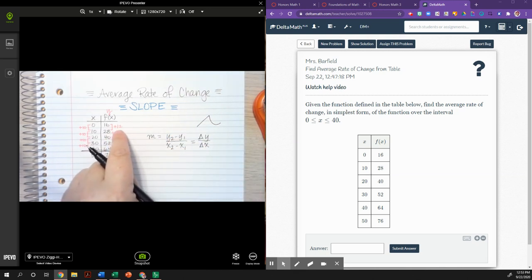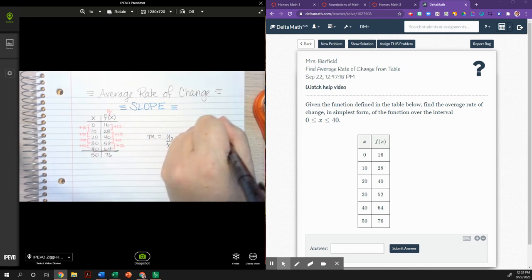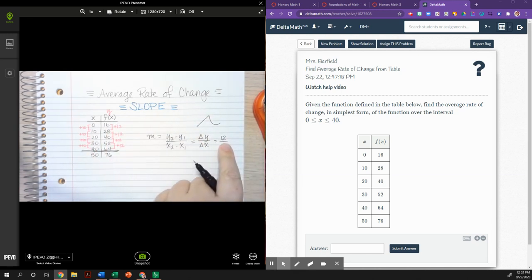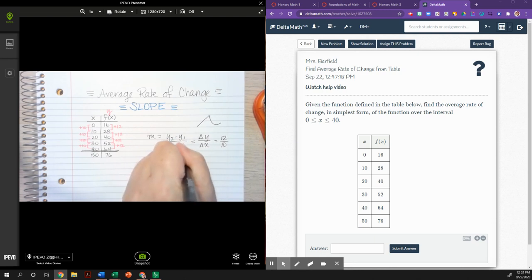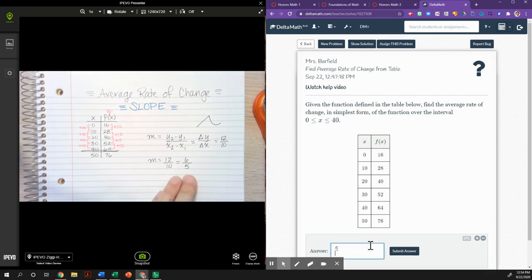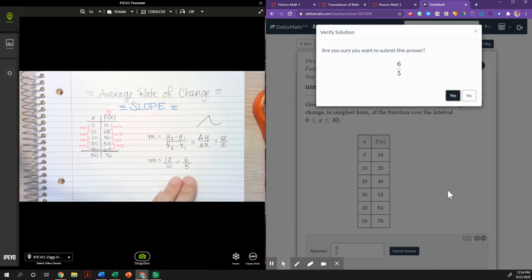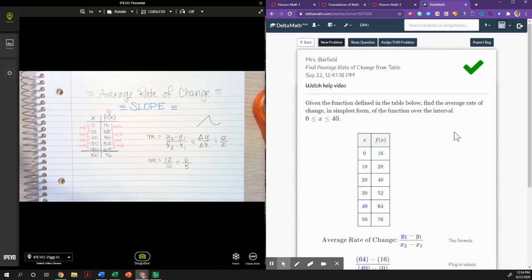Right now, I know the change in y is 12, and my change in x is 10. So my average rate of change is 12 over 10. If I divide both of those by 2, that would be 6 over 5. So then I just go over here, 6 divided by 5, submit my answer, and there we go.